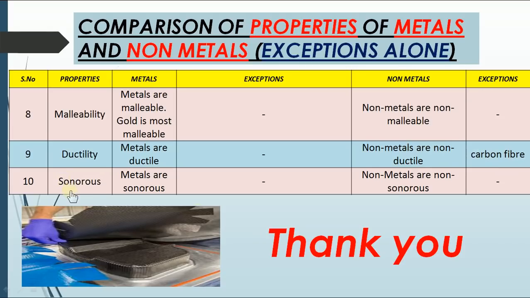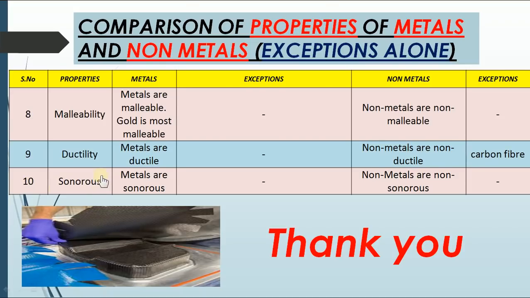Similarly, sonorous. What is meant by sonorous? When you hit two metal plates, we could hear a sound, like a cling sound. This is a property of metals. When you strike metals, they produce a characteristic sound. That property we call sonorous.